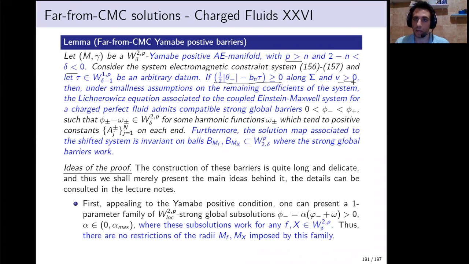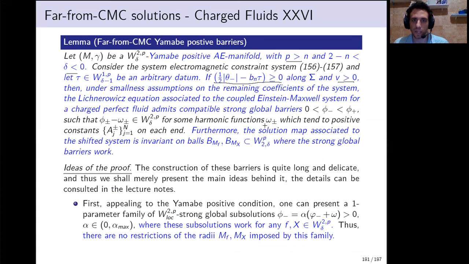We have to prescribe our function V. And then under a smallness assumption on the remaining coefficients of the system, not the mean curvature, the Lichnerowicz equation associated with the coupled Einstein-Maxwell system for a charged perfect fluid admits a compatible strong global sub and super solutions.